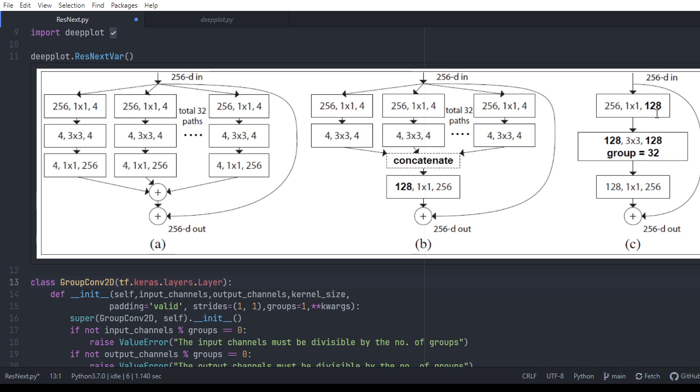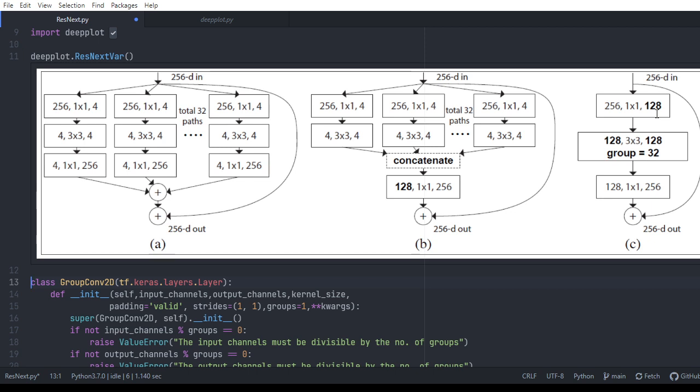So ResNext essentially modified the residual block such that it had groupings of conv2D layers which were stacked depth-wise in order to introduce the cardinality dimension.